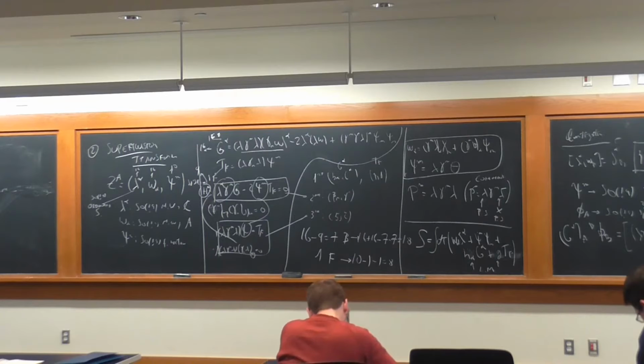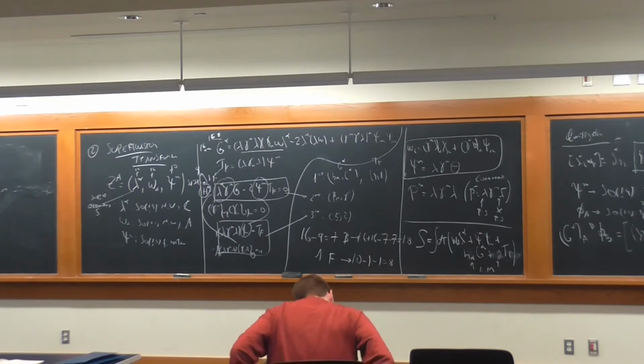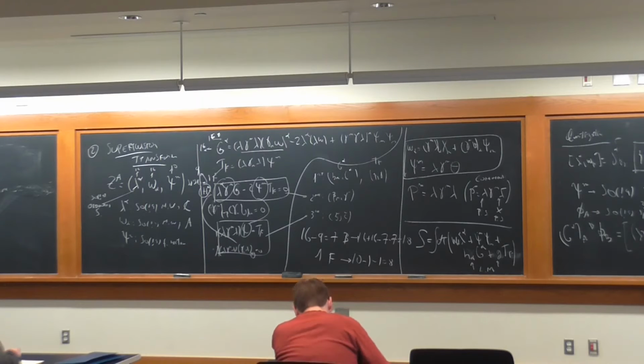So I'm going to construct an object which is gauge invariant under this gauge transformation, and I will call this object C alpha. This C alpha is given by this expression, gamma n b alpha.